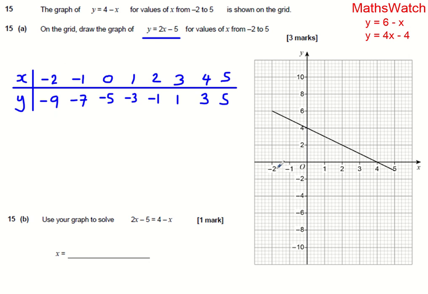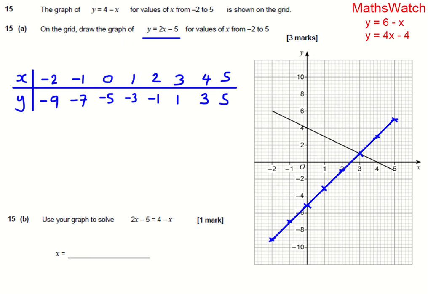So (-2, -9) is there, (-1, -7) is there, (0, -5), (1, -3), (2, -1), (3, 1), (4, 3), and (5, 5). These points can then be drawn together with a straight line, and that is the graph of y equals 2x minus 5.